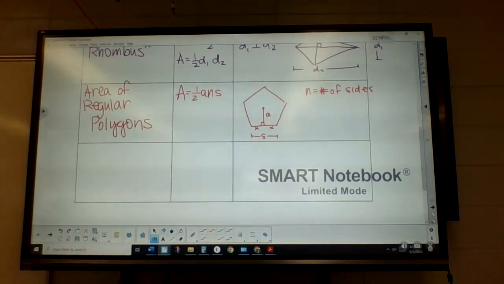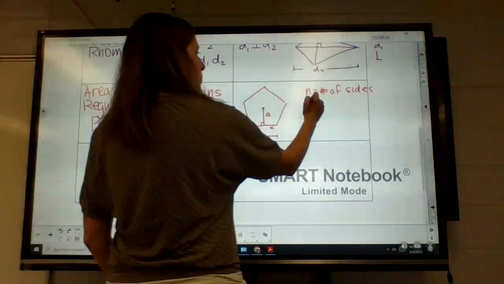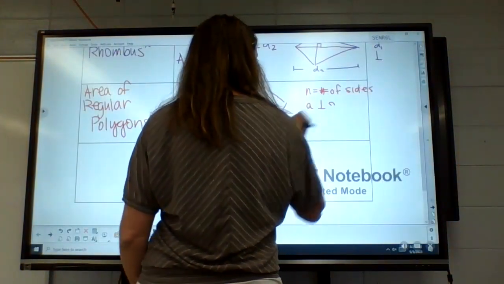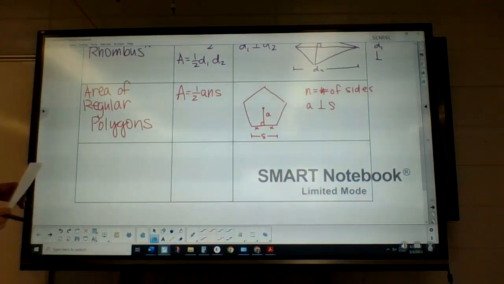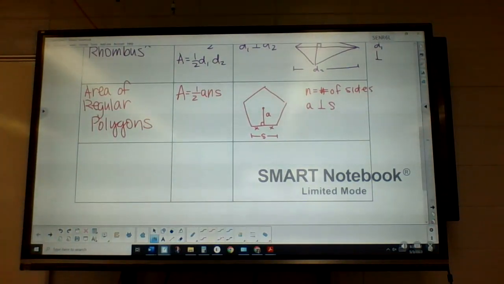So N's the number of sides, A is called the apothem, the distance from the center to the edge, and it's perpendicular. So A is always perpendicular to S. And the other formula we need in this section is when we need a central angle.